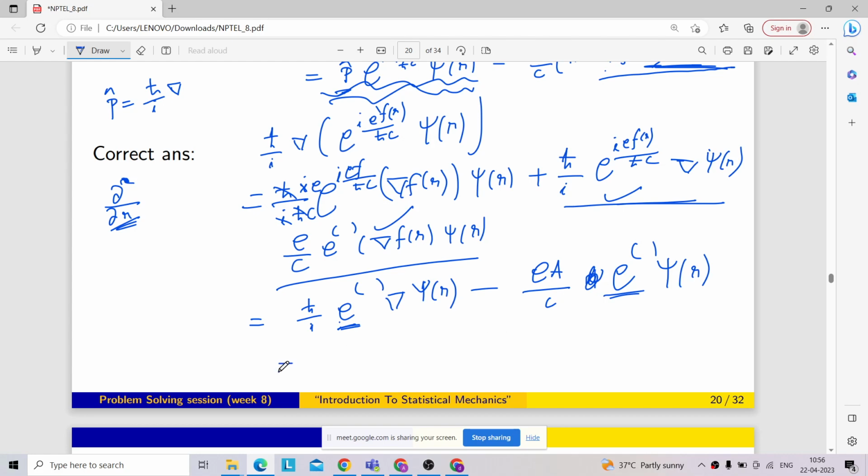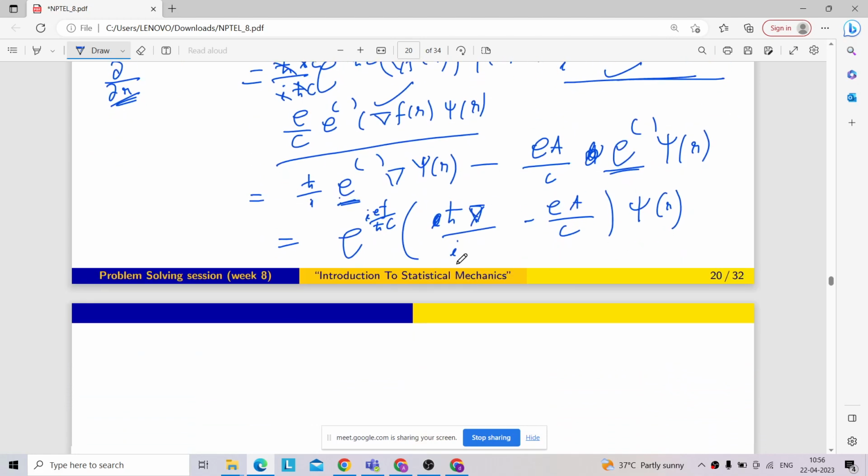I can take this e to the power i e f over h cross c outside, and then I will be left with h cross grad divided by i, minus e A over c, acting on psi of r.